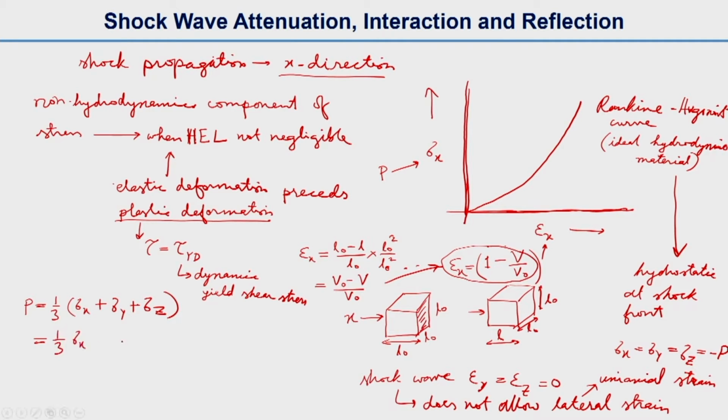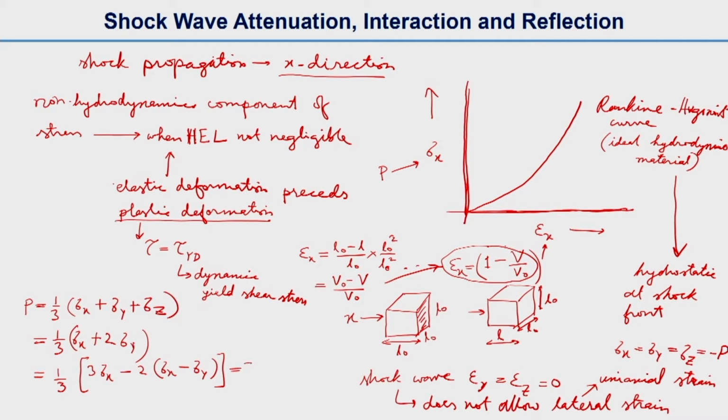In this uniaxial strain case the shock wave direction is along x, so sigma y and sigma z will be equal, and we can write this as twice sigma y, and that will give us 1/3 of thrice sigma x minus twice sigma x. We are just trying to get one expression, which you will see from here now.